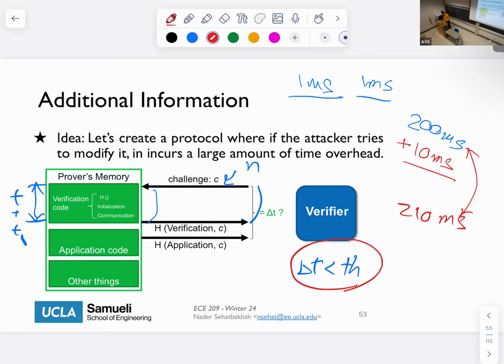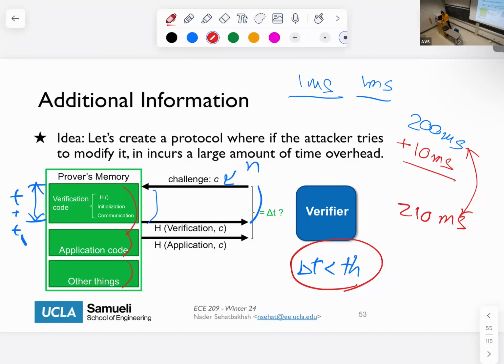All right, and then the additional thing that we're going to do is not just compute the hash over this; we're going to compute the hash over everything else and then send that. So let me talk about that actually. This is what we call a self-checking method, okay?